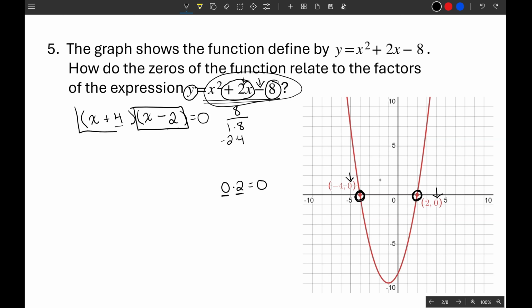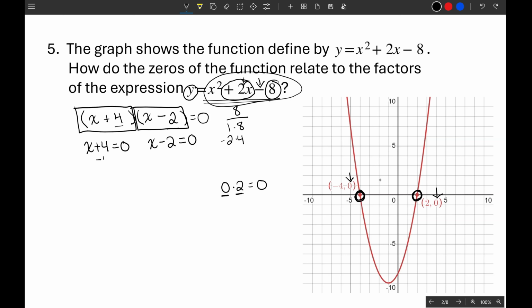And if the x plus 4 were 0, then I would have 0 times x minus 2, which would be 0. So I just need to figure out what would make x plus 4 equal to 0, and what would make x minus 2 equal to 0. Because if either one of these equals 0, the whole equation equals 0.